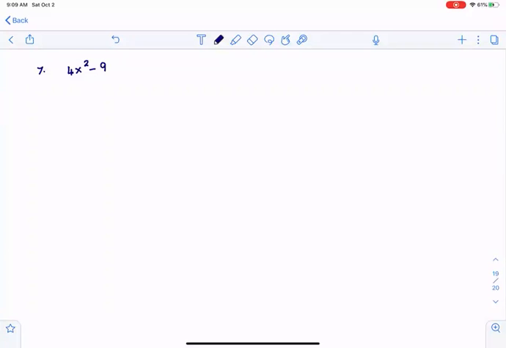So the first thing to notice here is that this is not a trinomial. It's got only 2 terms. But 4x squared is a perfect square. 9 is 3 squared, which is also a perfect square. So what we should use is a squared minus b squared.